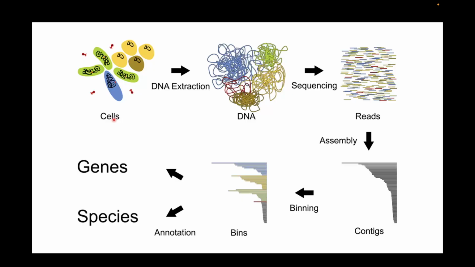The samples are lysed and the DNA is extracted, as you can see. Then all the fragments are subjected to sequencing. After sequencing, it will generate a lot of reads, and these reads are now called contigs because they are contiguous elements of a whole single genome.